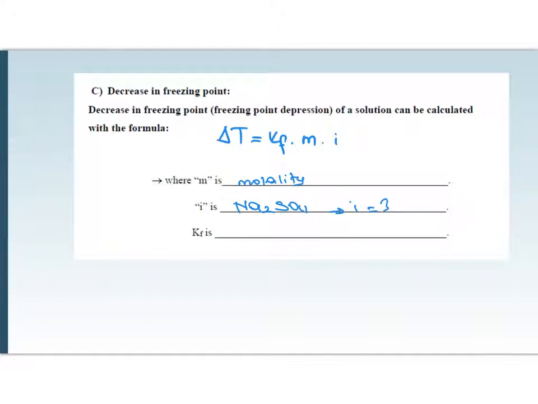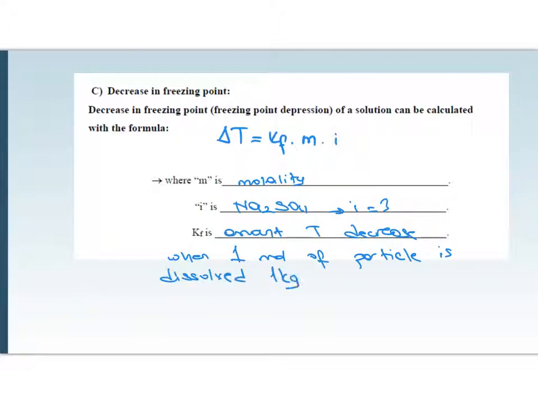Kf is the amount of temperature decrease when 1 mole of particle is dissolved in 1 kilogram of solvent.